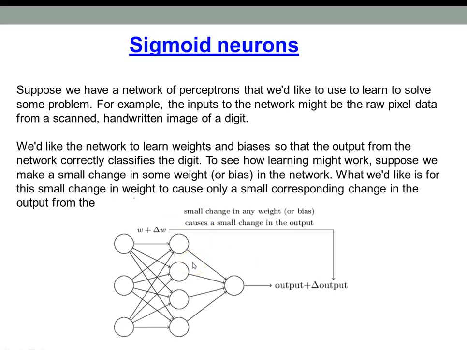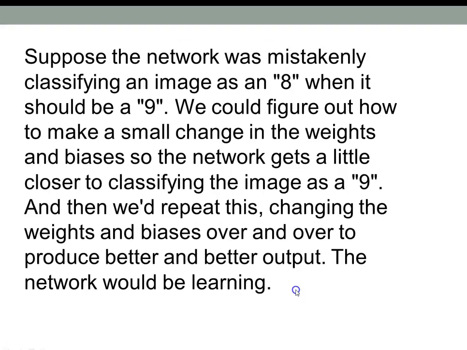We don't want a small change in W to result in a big change everywhere else, because then it's unlikely that our network will be able to do the right job of classifying. So we want a small change in W to result in only a small change in the output. Everyone follow so far?